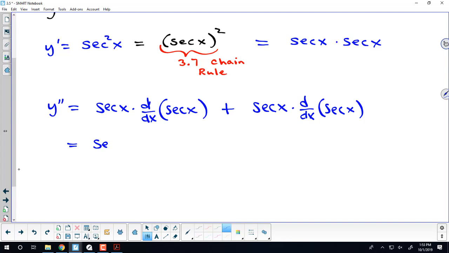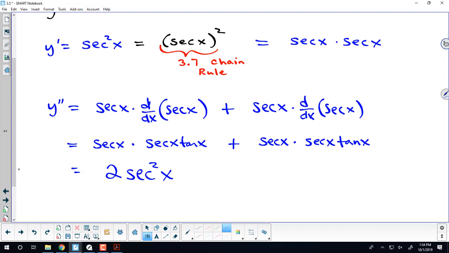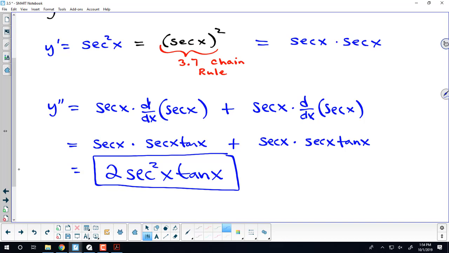So we have secant x times secant tangent plus the secant x here times the derivative again, another secant tangent. So you just have two of those. We have a secant squared tangent plus secant squared tangent. So you just have two secant squared tangents.